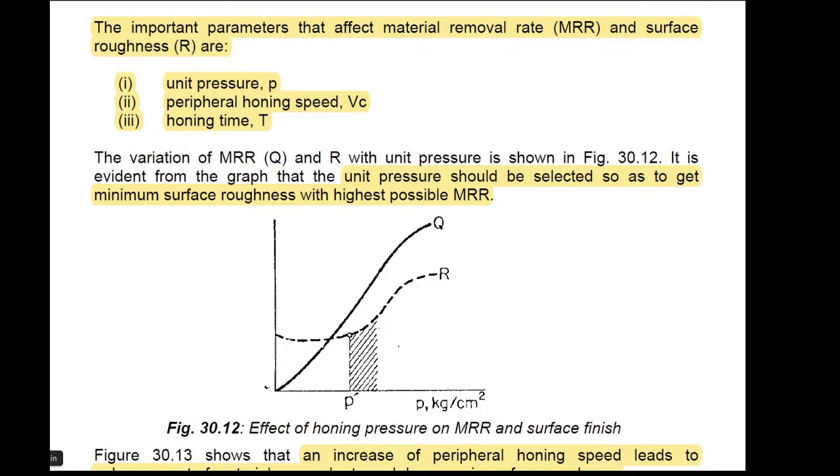An optimum value of unit pressure is shown in this graph. Here we can find that if the unit pressure exceeds too much, the surface roughness increases along with the increase in the material removal rate. Even though the material removal rate is increased, the surface finish will be affected. So you cannot increase the unit pressure too much. That will have undesirable effects.